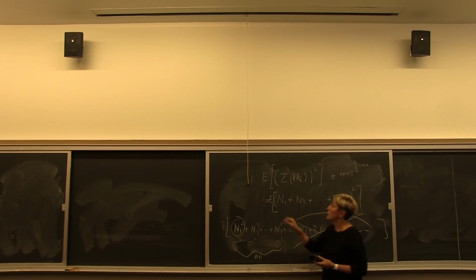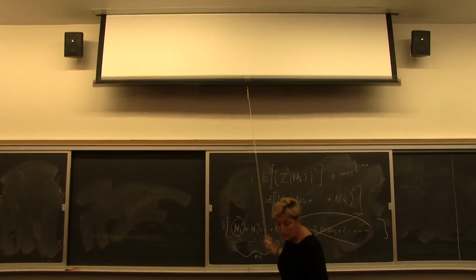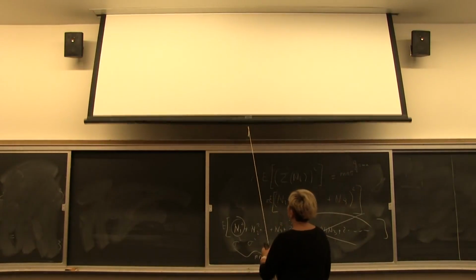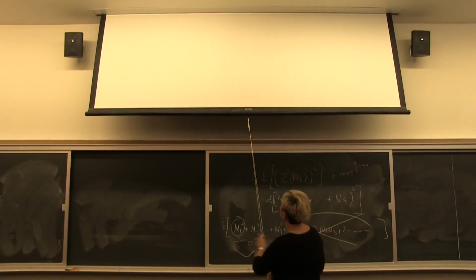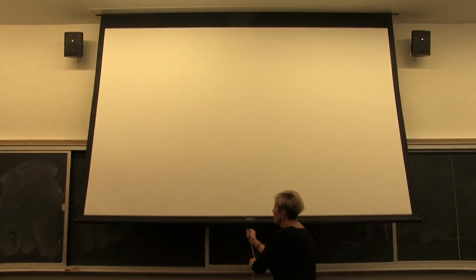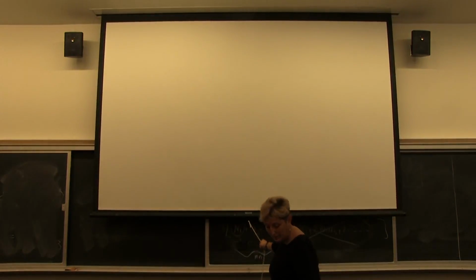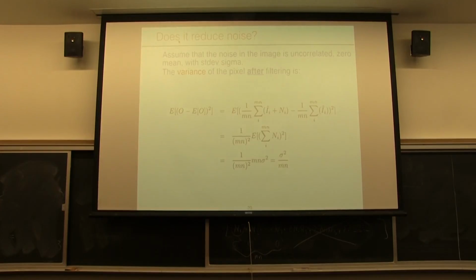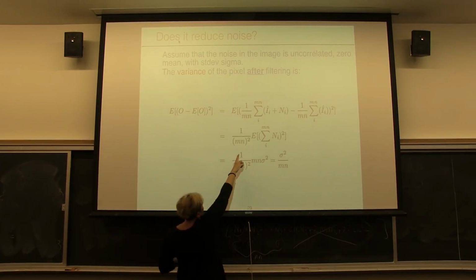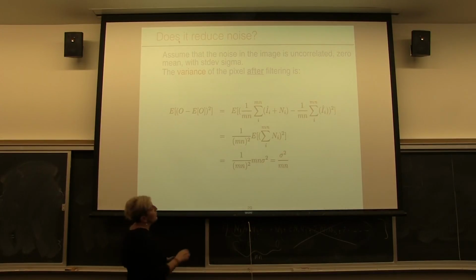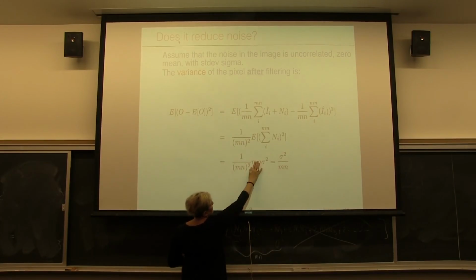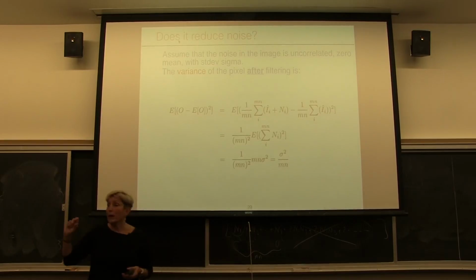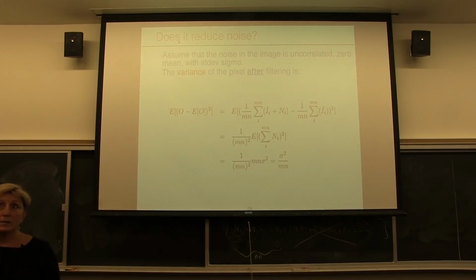And if you look now at the expression I had before, I had one Mn squared outside, so one of these cancels this, and now I have sigma squared over Mn. Okay?